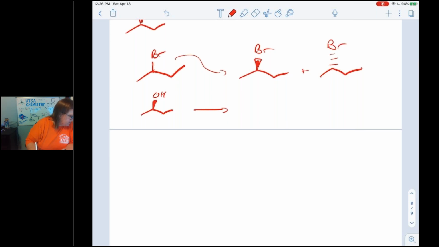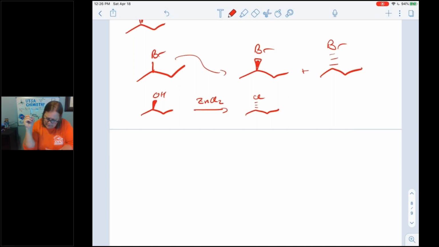I can't even find it anymore. It's not even in the reactions of alcohols section. It's such a new reaction, she hasn't even added it to the back of the book. And so this will also give you an SN1 reaction with a chlorination.